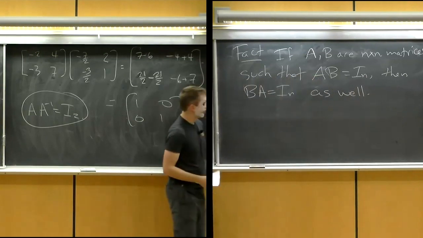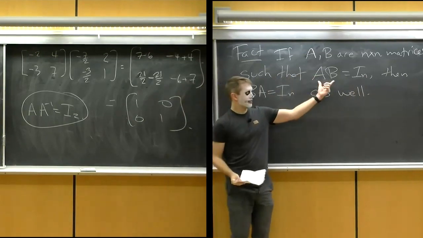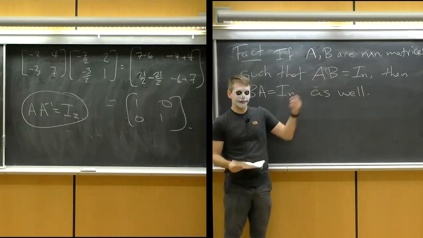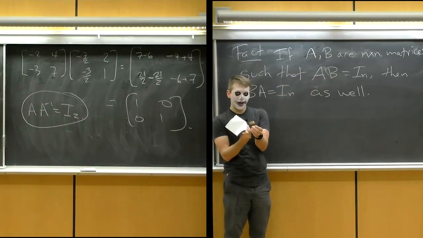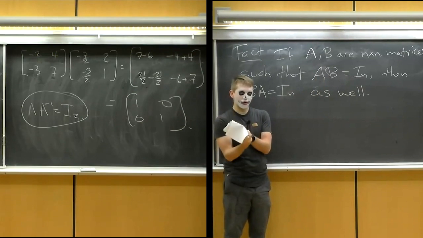So basically, if I want to check something is the inverse of something, I just have to multiply them in any order, and it will imply that the other order works as well.